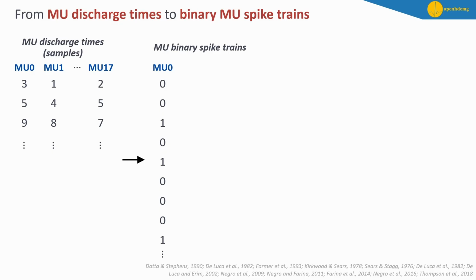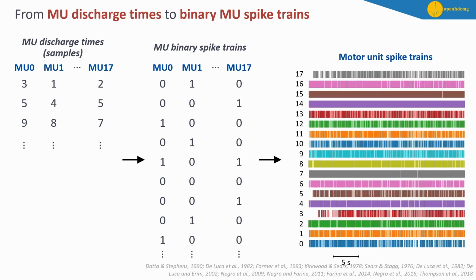In this way, we have a binary train with zeros and ones: 1 when the unit discharges, 0 when the unit does not discharge. We do that for all the motor units identified, and at the end, we generate these signals, the so-called motor unit spike train signals. In this case, we have identified 17 cleaned motor units.